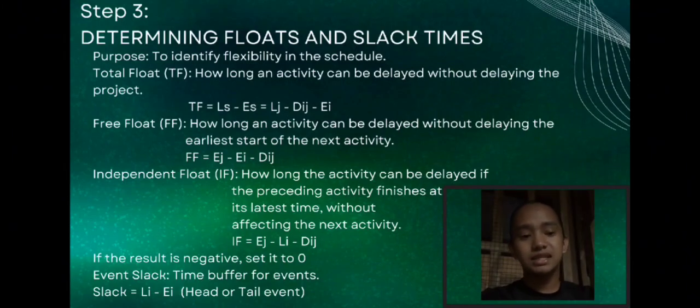This is the trickier one. It's about how much you can delay a task even if the task before it finishes late, and it still won't delay the task that comes after. So it's like having a buffer that protects the following task no matter what happens before.